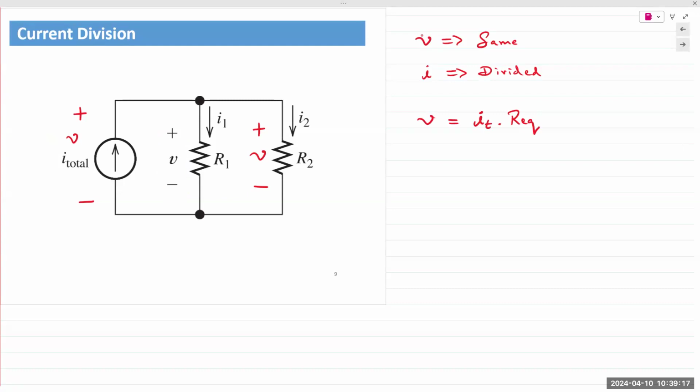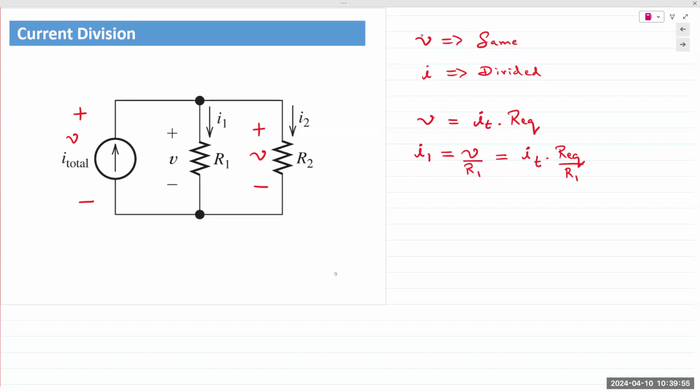And REQ in this case is the parallel combination of all the resistors in the circuit. So if I wish to find current I1, from Ohm's law it would be voltage V divided by R1. V is IT times REQ. So the equation becomes IT times REQ over R1. That's it. It's as easy as that.